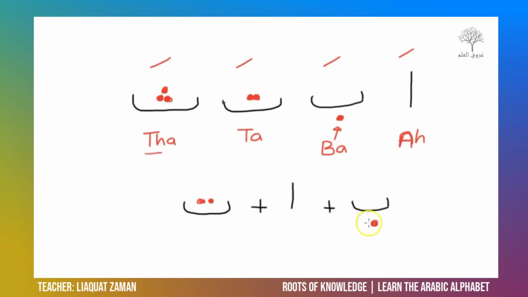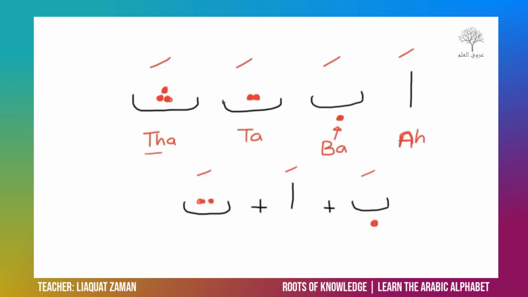How would you pronounce this? If they had this symbol on top, you would say ba, a, ta.